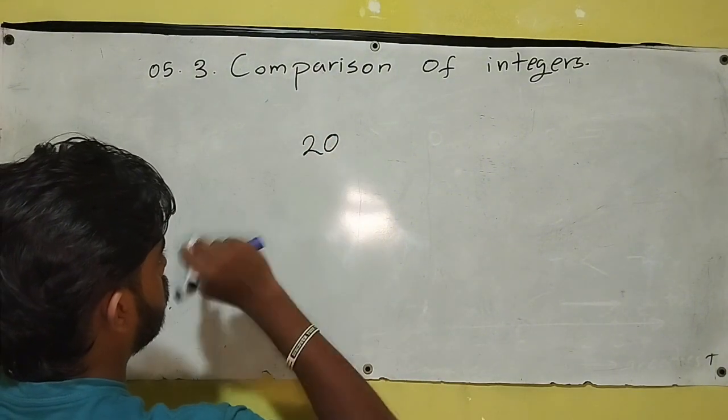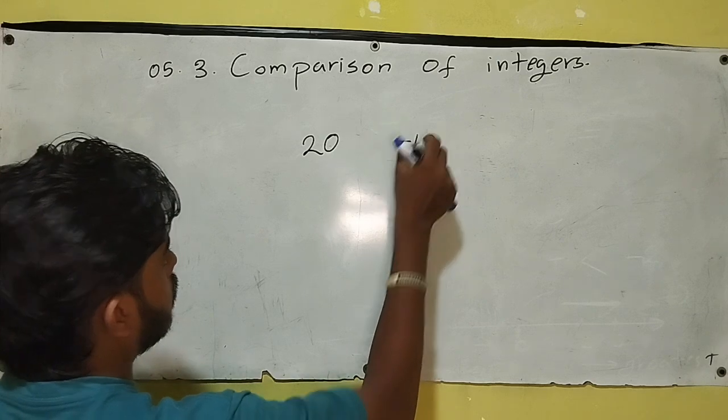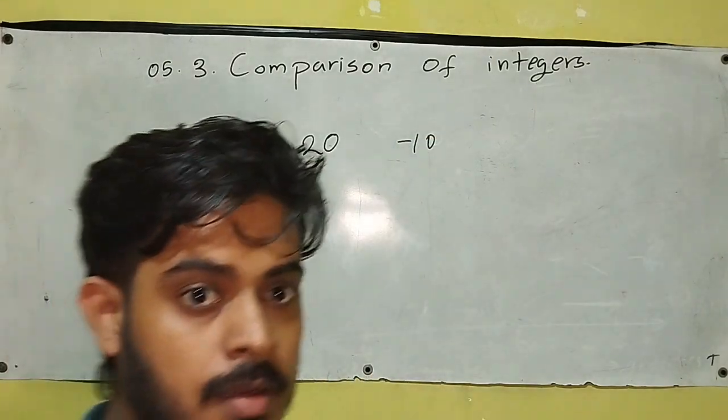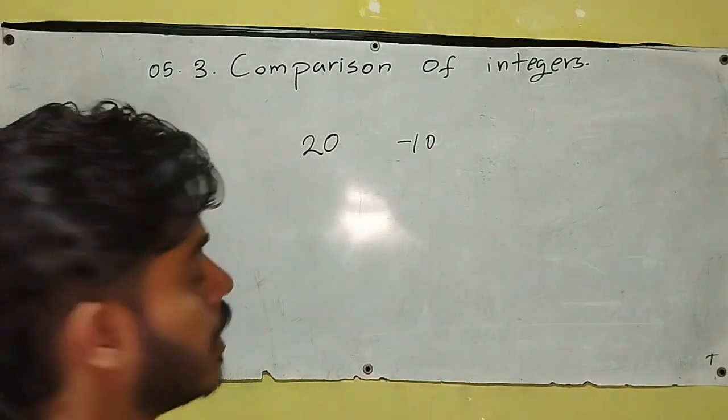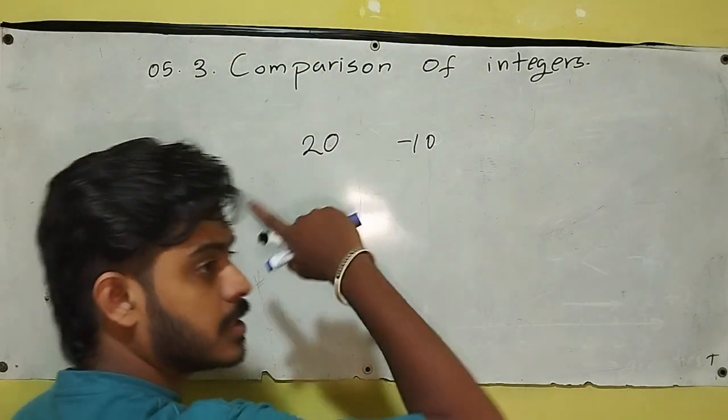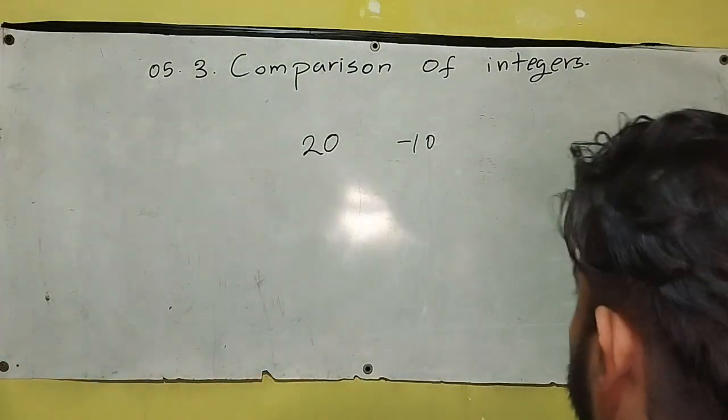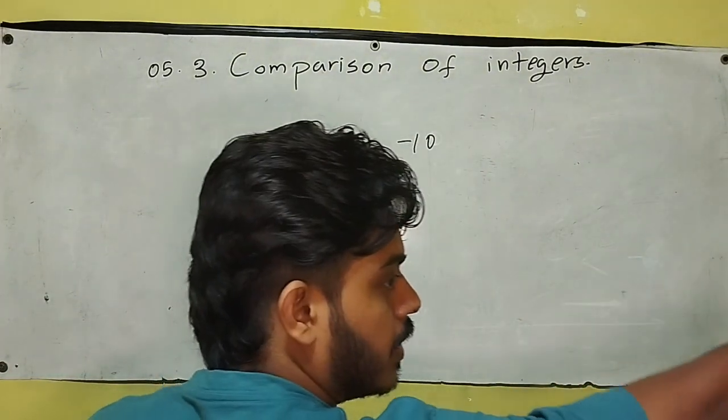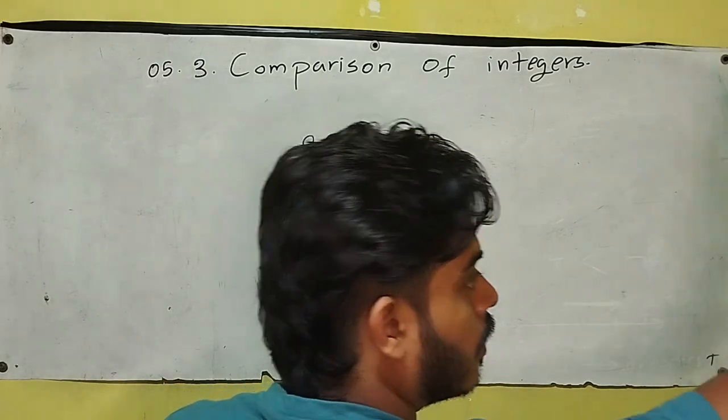Think 20 and minus 10. Remember the number line. What happened? Minus 10 is smallest. 20 is positive.